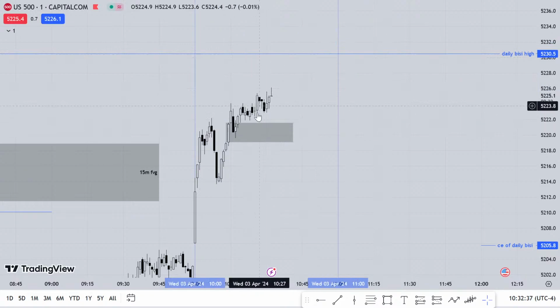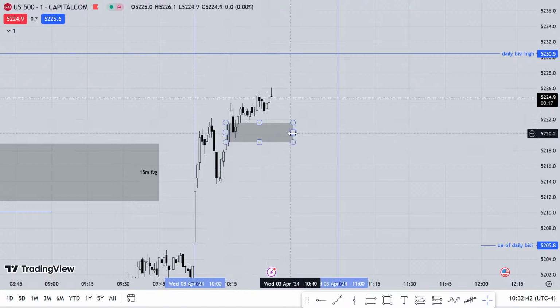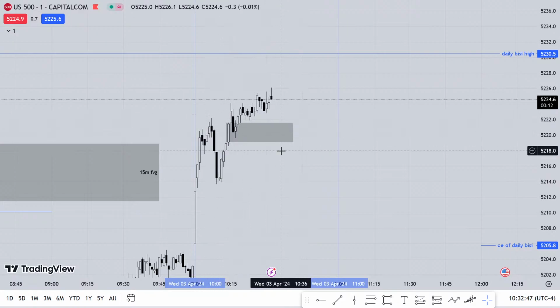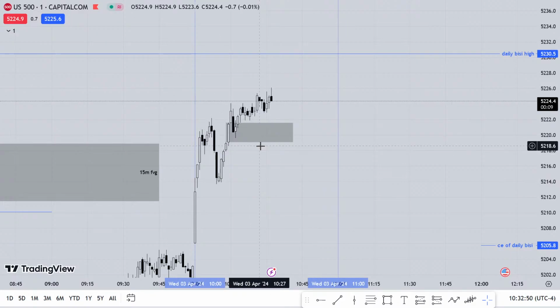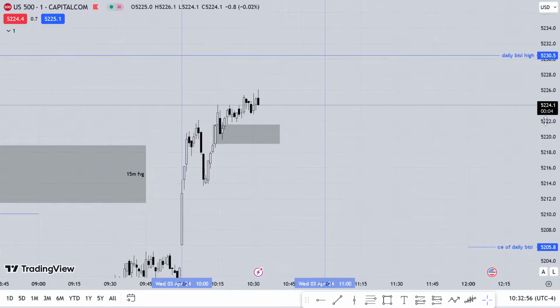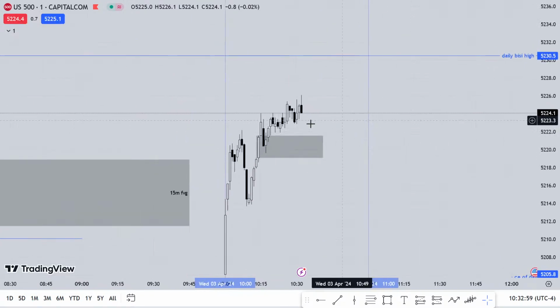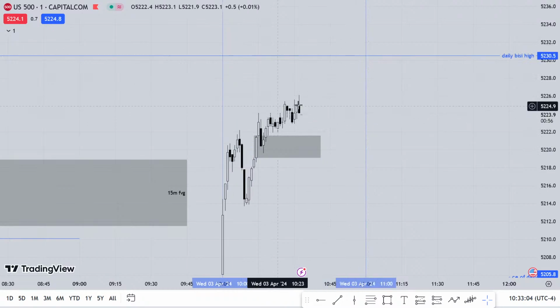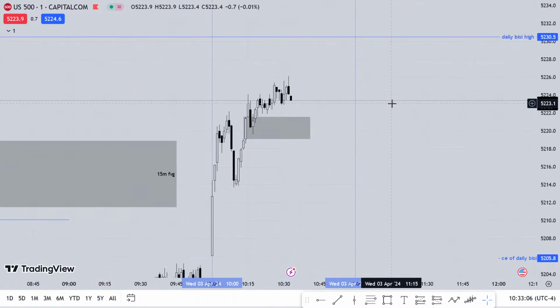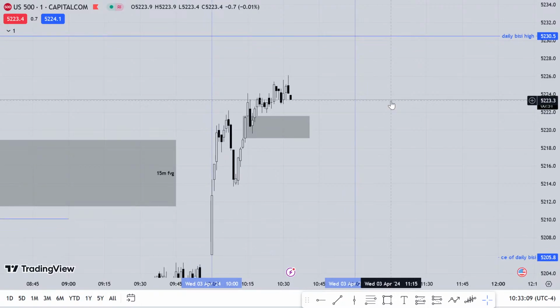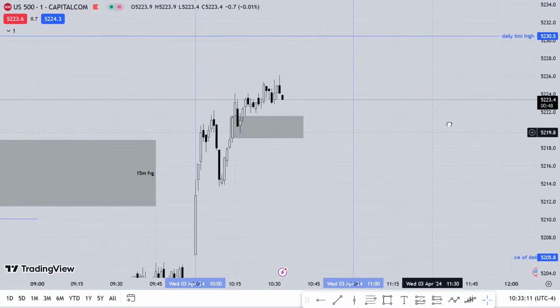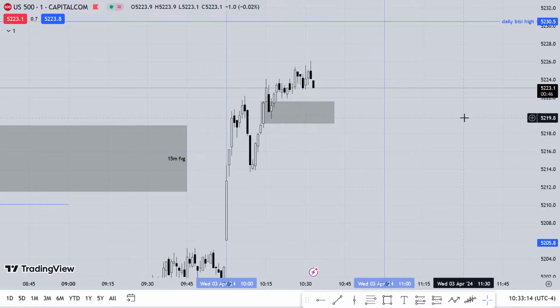We're only allowed a long case entry if price trades back into this fair value gap, which will be a reclaimed fair value gap. So price can trade back down into previously traded fair value gaps. So we won't trade here, then going higher. But we're not expecting higher prices, so we just keep it.